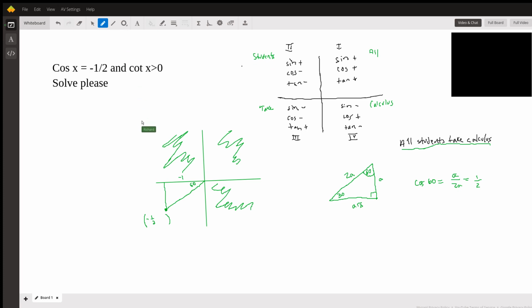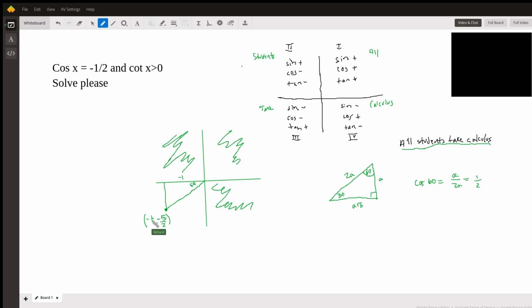If you're using the unit circle, you would have to have memorized that this point down here has the coordinate of -1/2, -√3/2. That would be coming off the unit circle. And then you'd realize, oh, that's what I want.